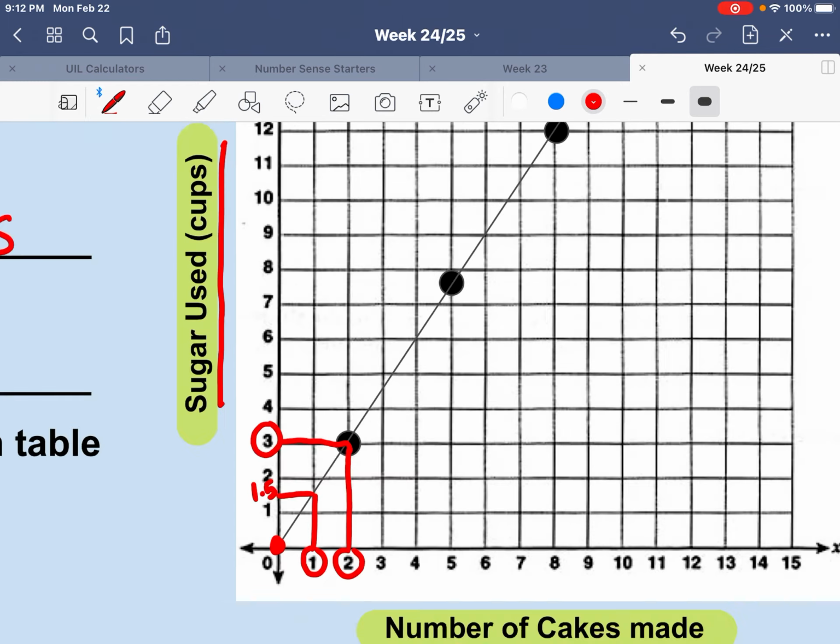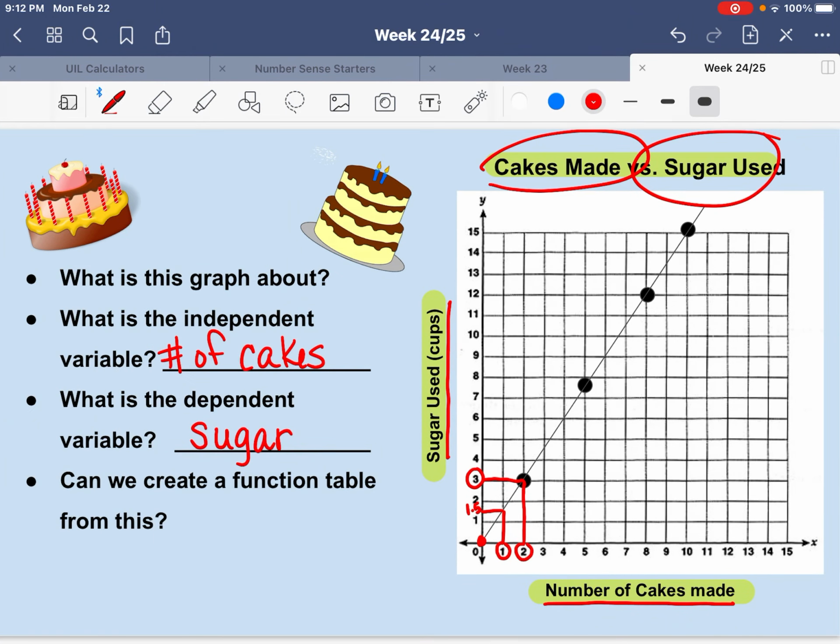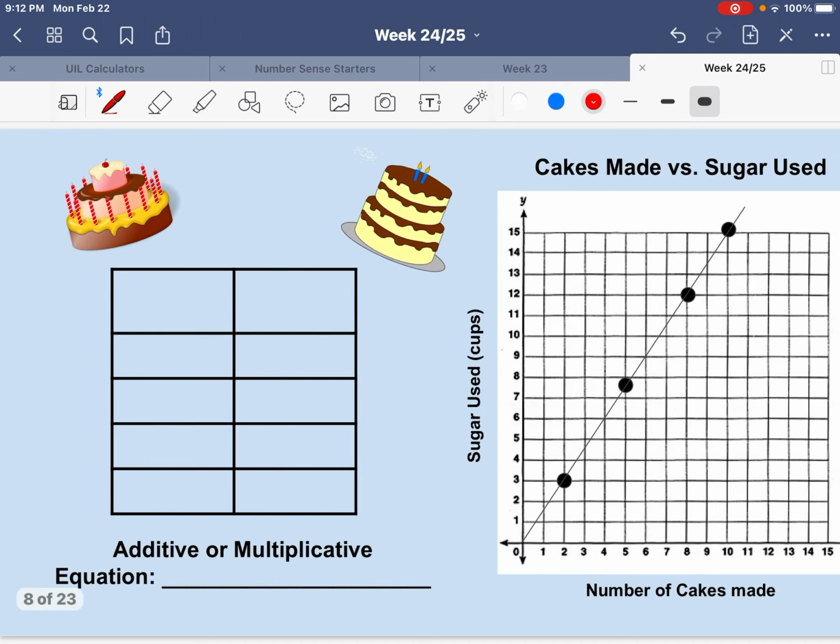So we can make a table completely matching this graph. Okay, so let's do that. Let's say cakes made versus sugar used.